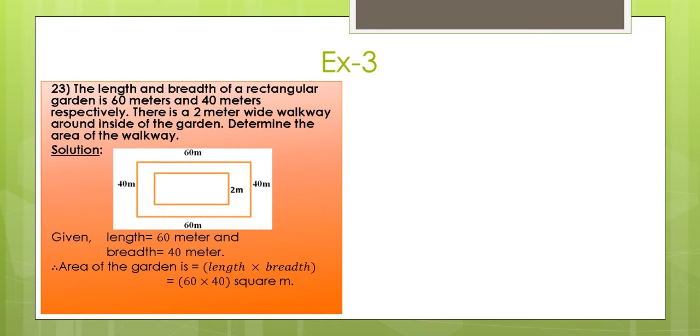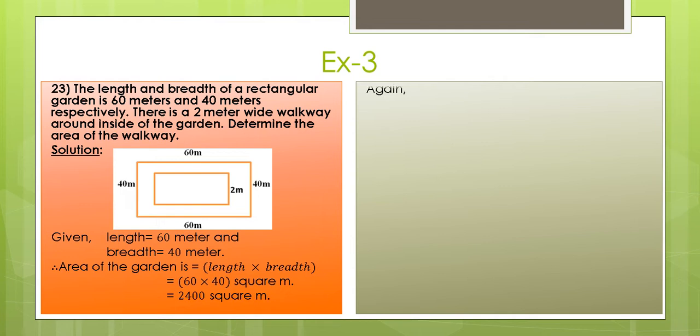If we multiply these two, 60 multiplied by 40, we get 2400 square meter. Square meter is the unit of the area. Okay, now we got the area of the whole garden. But now we have to find out the length without this 2-meter walkway and the breadth without this 2-meter walkway.